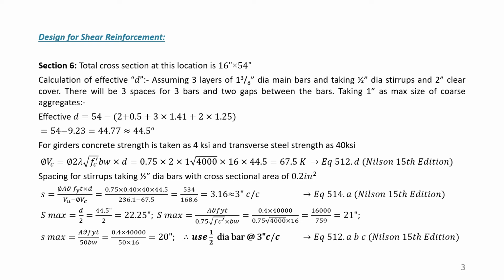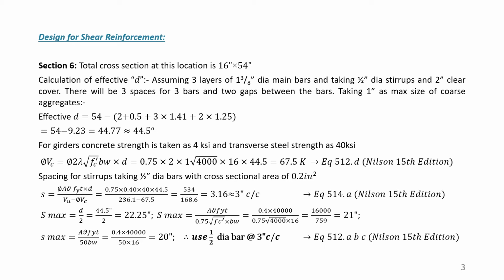Next, spacing for stirrups, taking a half-inch diameter bar with a cross-sectional area of 0.2 inch square. In Nilson 15th edition, you will see equation 5.14a. The equation is S, where S is spacing, phi is again the reduction factor, and Av is the area of the transverse reinforcement.